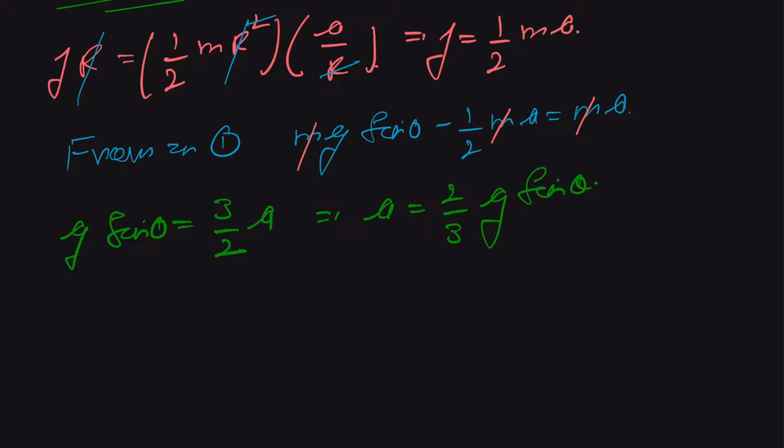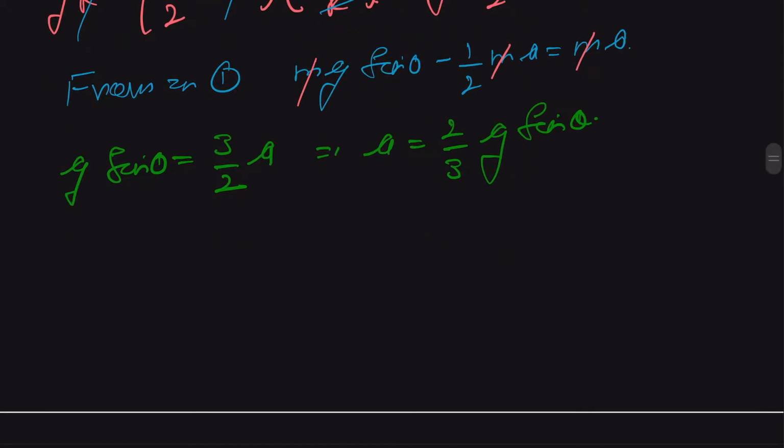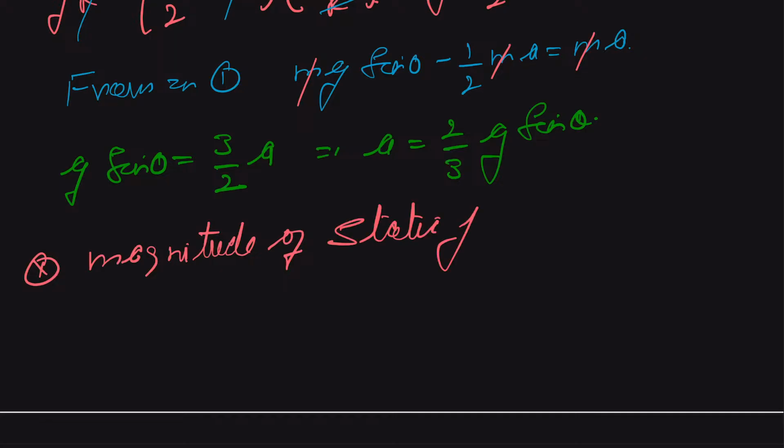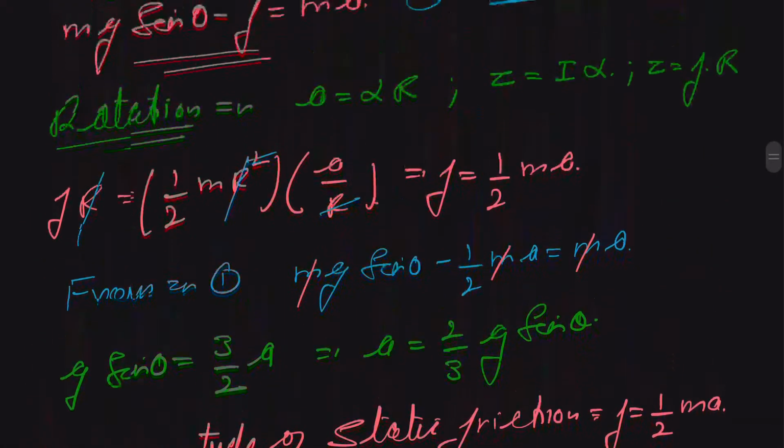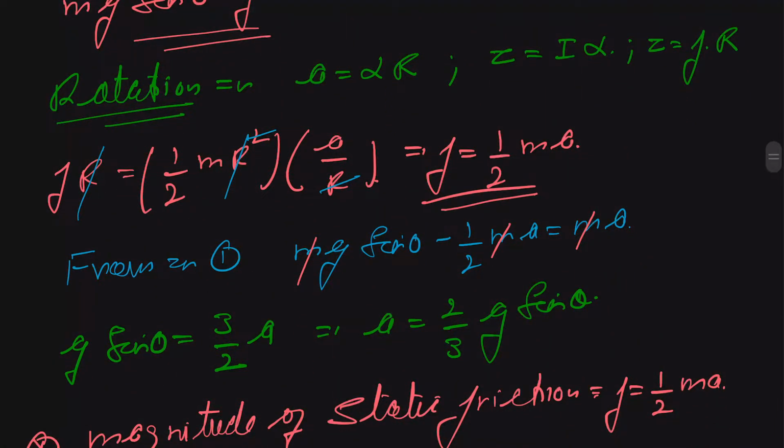And now we can find out the magnitude of our static friction. So the magnitude of static friction is equal to our F, which should be equal to half m times A. This we already found out.